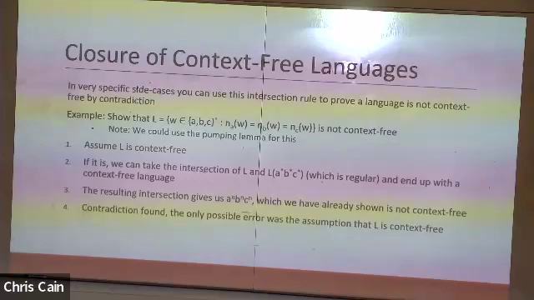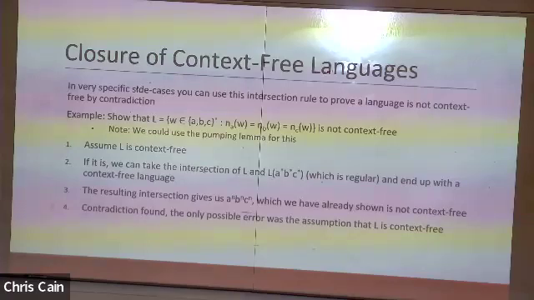So taking the restrictions of the first set and the restrictions of the second set, all strings that adhere to both restrictions, you'd end up with the strings of A's and B's and C's that come in the order all of the A's, all the B's, all the C's, and all of them have the same number. Which is the language A to the N, B to the N, C to the N. So this is one way to skirt around the pumping lemma.